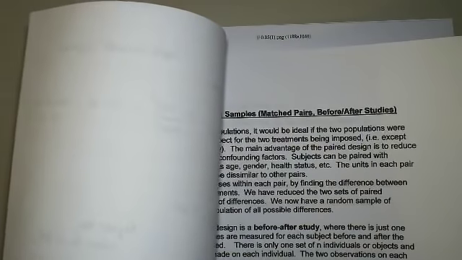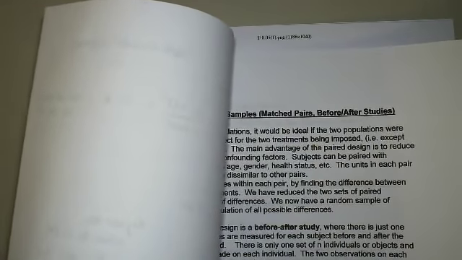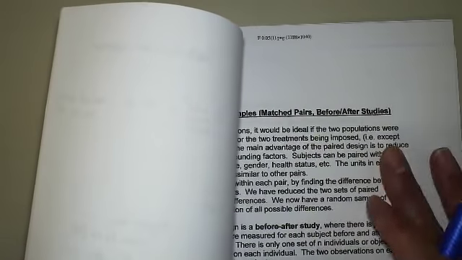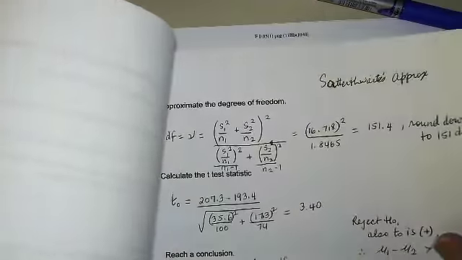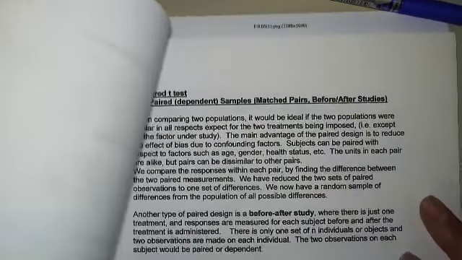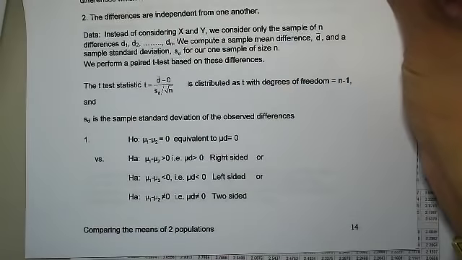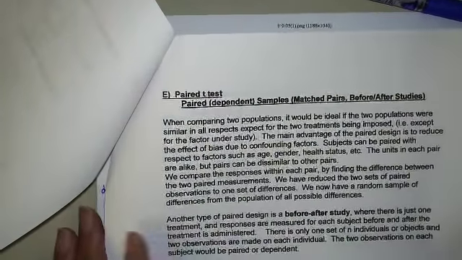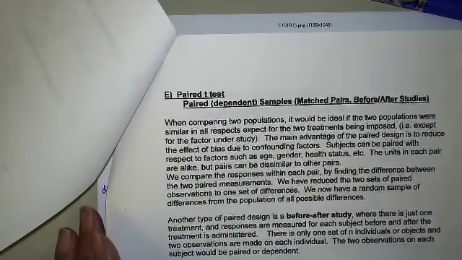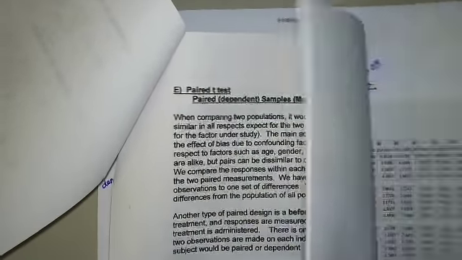I'm going to post all these lectures, so if you don't take notes, it's perfectly fine. You'll have a copy of this tonight. So matched pairs is on page 14 of the comparison of means lecture notes. And I want to begin there.